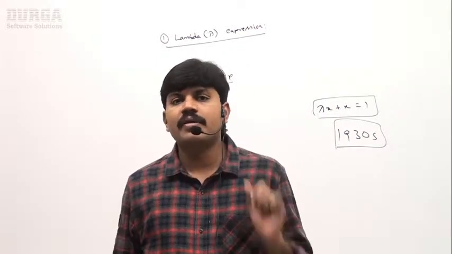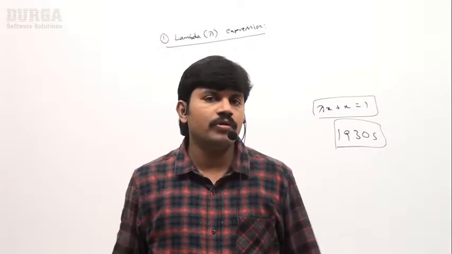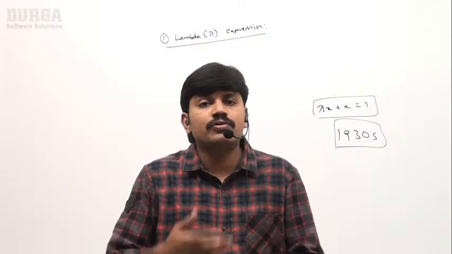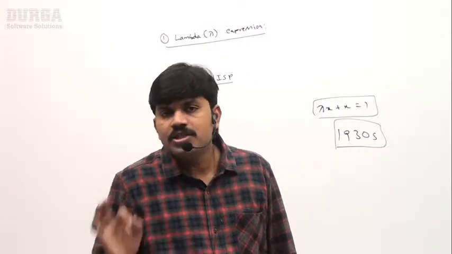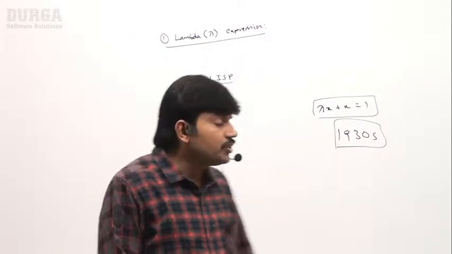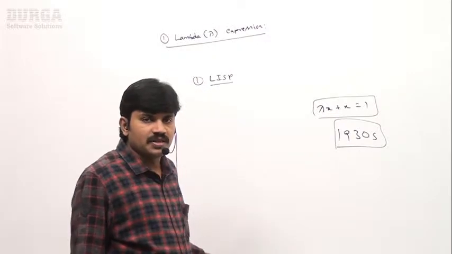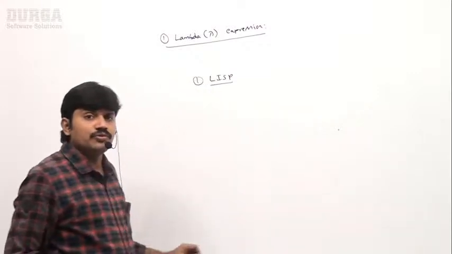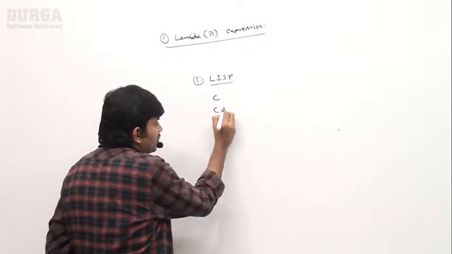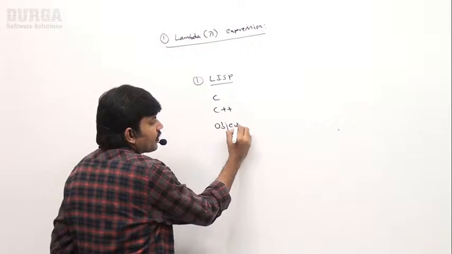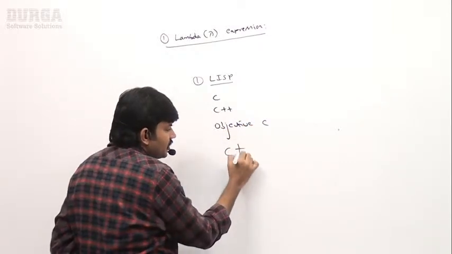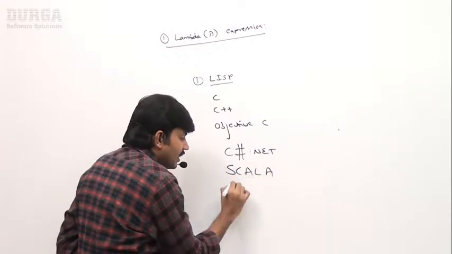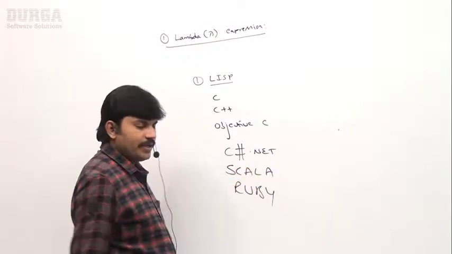Lambda calculus was a big change in the mathematical world. Because of the benefits of lambda calculus, slowly people started using it in the programming world also. Next, there are several other languages also used: C, C++, Objective-C, C#.NET, Scala, Ruby.